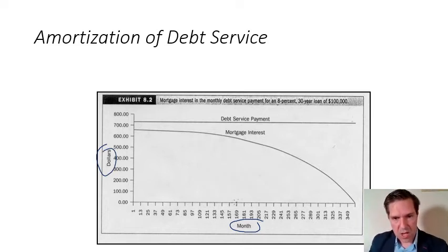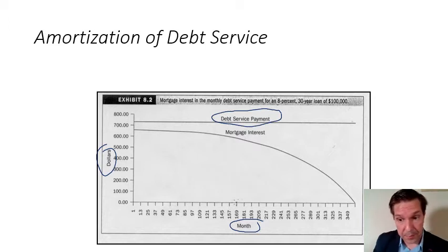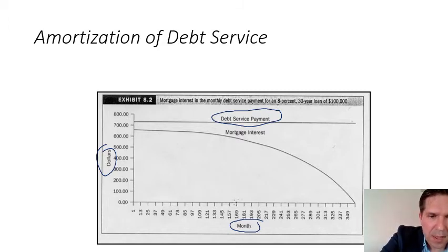Okay. So what you can see here from the formula that I was showing you before is that the debt service payment, which is basically the monthly payment we usually call it, doesn't change at all over time. How can I see that? The line is flat. My payment is going to be the same in all cases, no matter what.